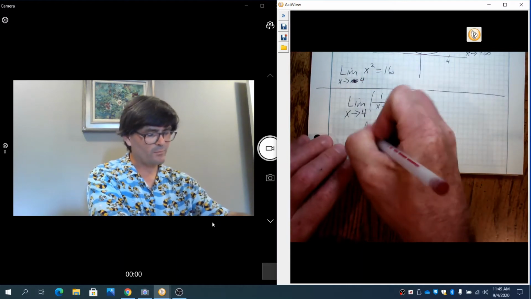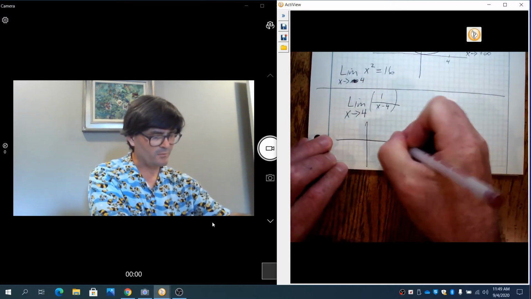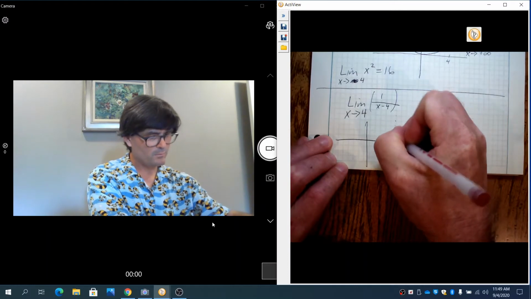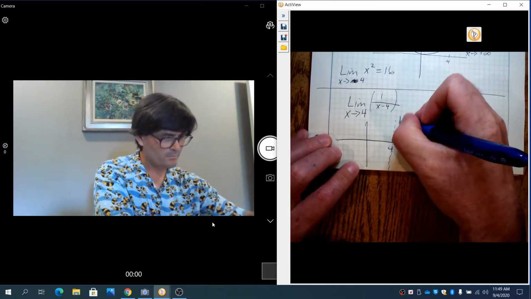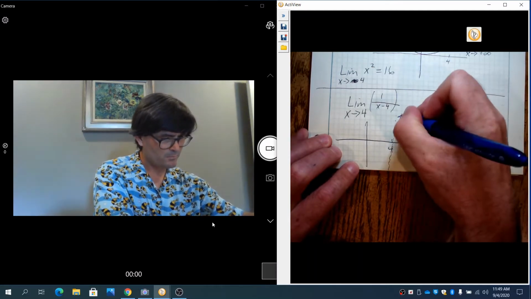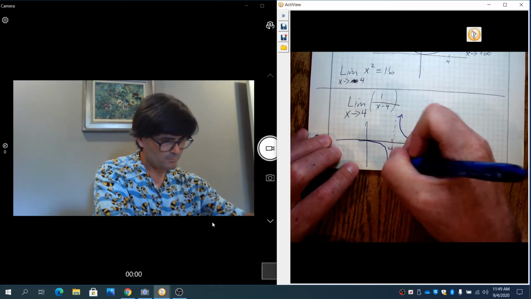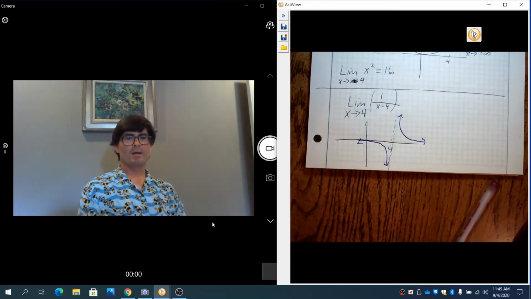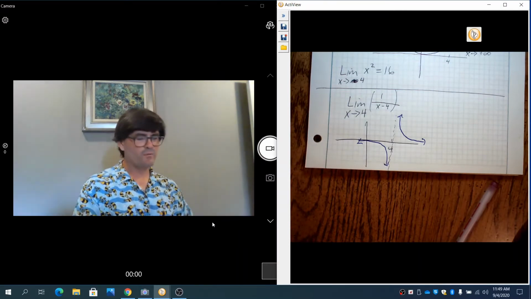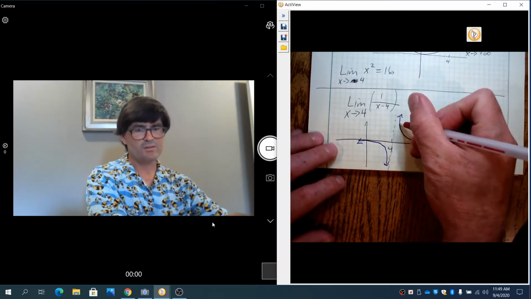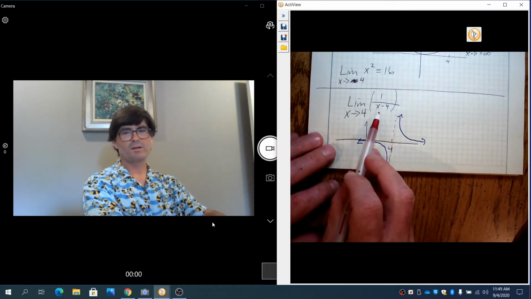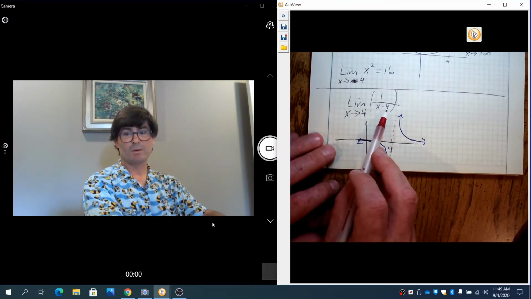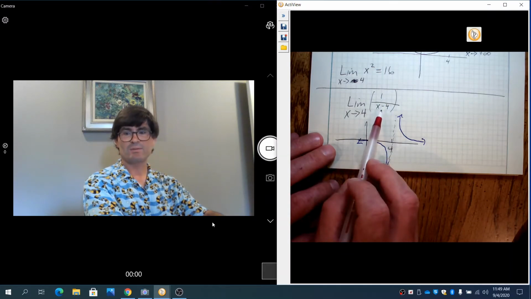The graph has an asymptote at 4. As we get close to 4, the graph goes super high: 4.001 minus 4 is a very small positive, so 1 over a small positive is a big positive.